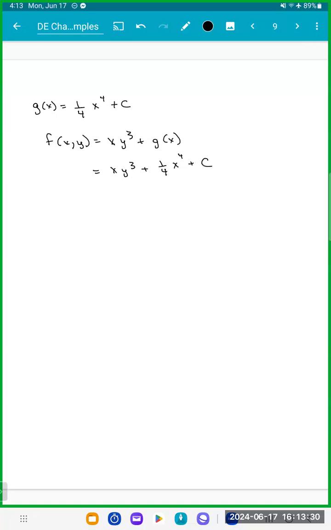And now we can just rearrange, or we could leave it at that as well. So we would have xy cubed plus 1/4 x to the 4th power plus that c.